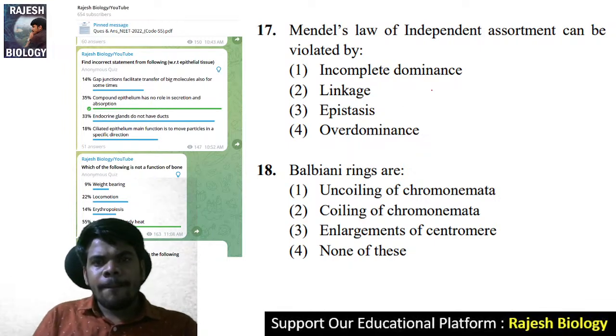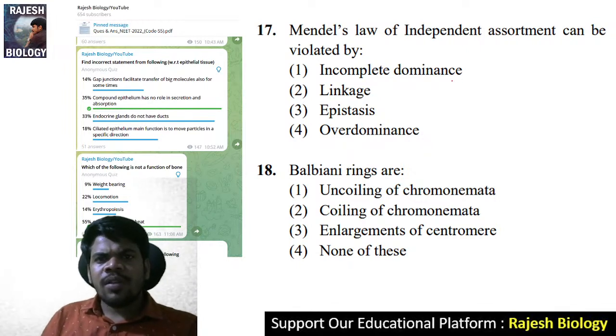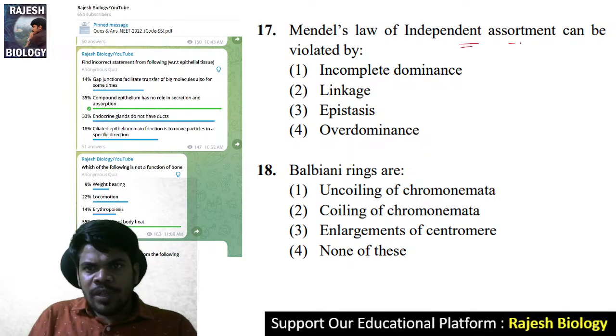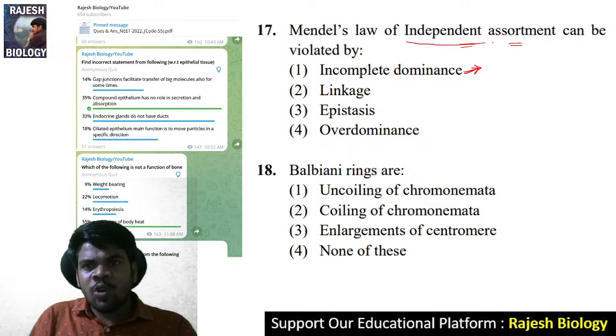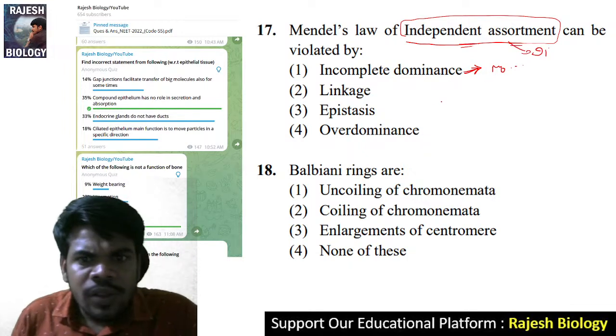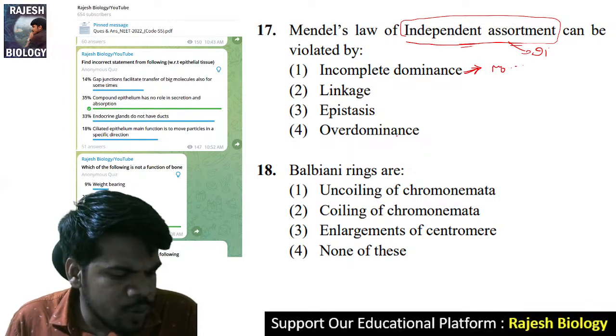No. In incomplete dominance, it is not going to violate the independent assortment. It may violate the law of dominance, but the question is that the independent assortment law should be violated. Incomplete dominance is related to the monohybrid cross. Independent assortment is related to the dihybrid cross. So over dominance, some person says like that, no, nobody gives the right answer.